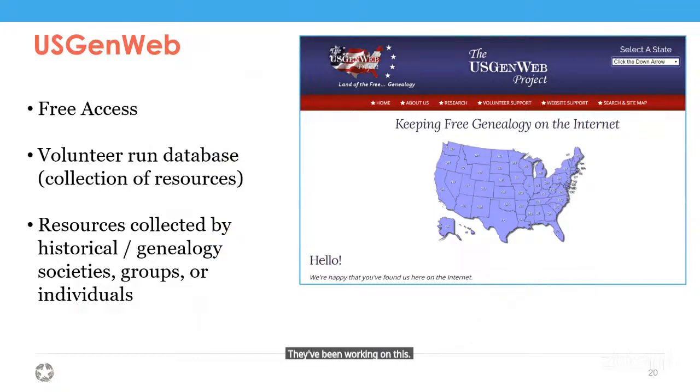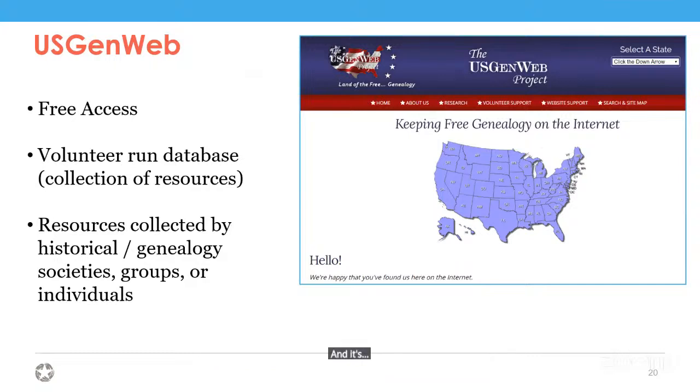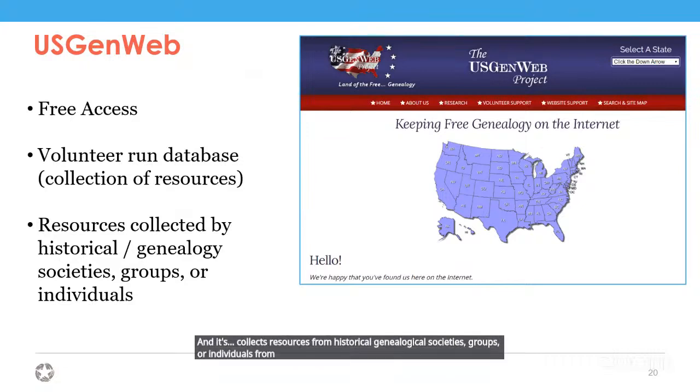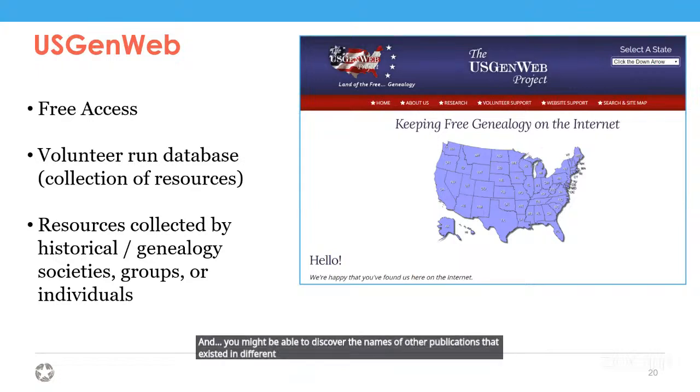USGenWeb is another possibility. It's a free volunteer-run database or collection of resources. It's free access, and it collects resources from historical genealogical societies, groups, or individuals from around the U.S. And you might be able to discover the names of other publications that existed in different periods of history.